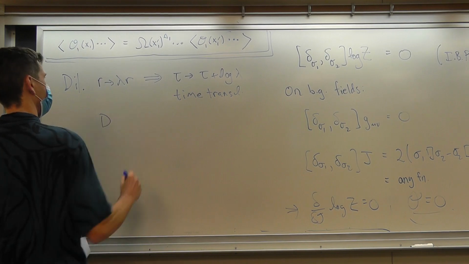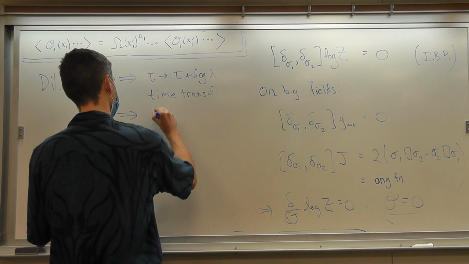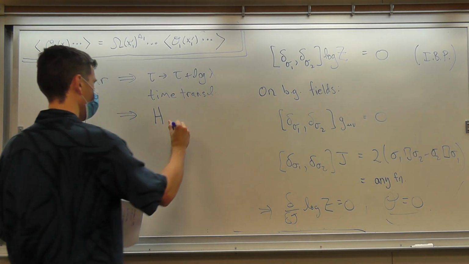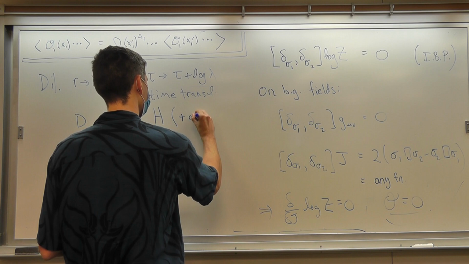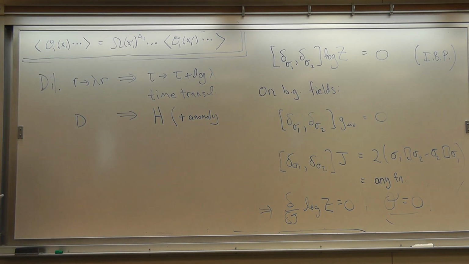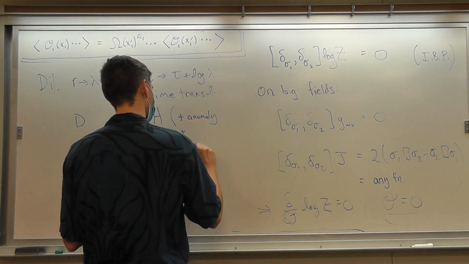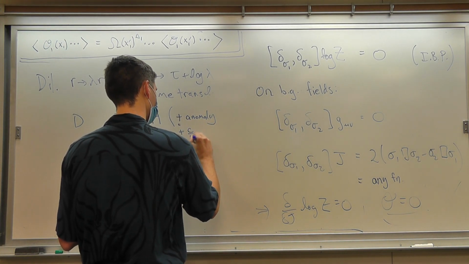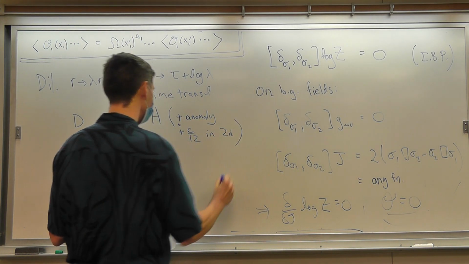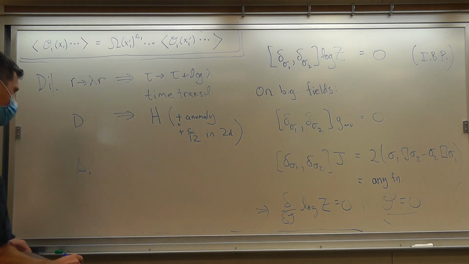This means that the dilatation operator D becomes the Hamiltonian H. It's actually not quite true. There's a contribution from the anomaly, which I may or may not come back to at some point. But this gives you a plus c over 12 in 2D. And similarly for the eigenvalues, the eigenvalues of the dilatation operator are the scaling dimensions of the operators.